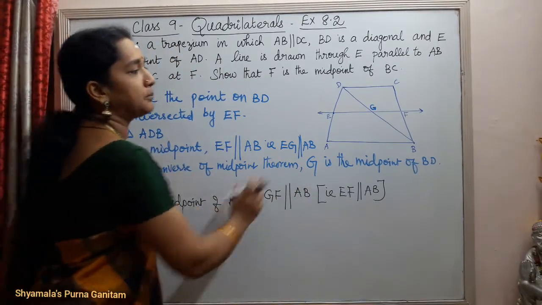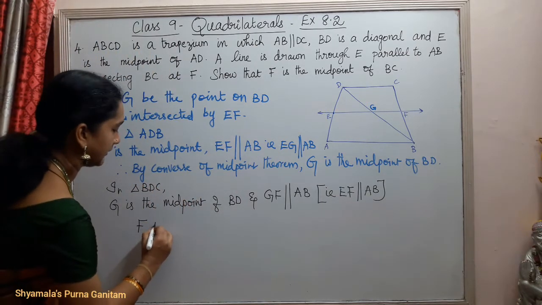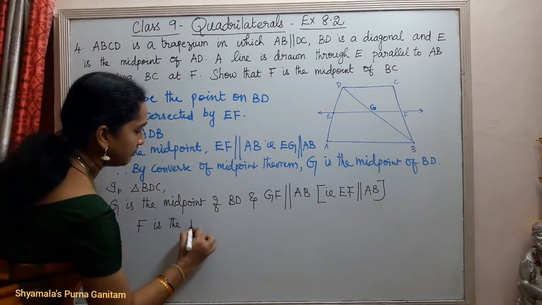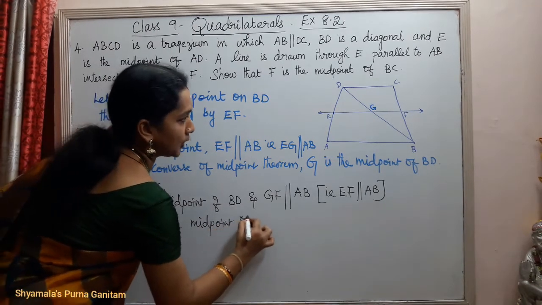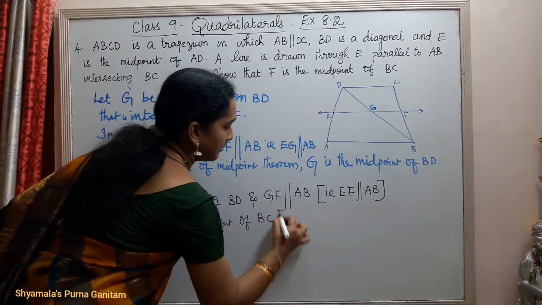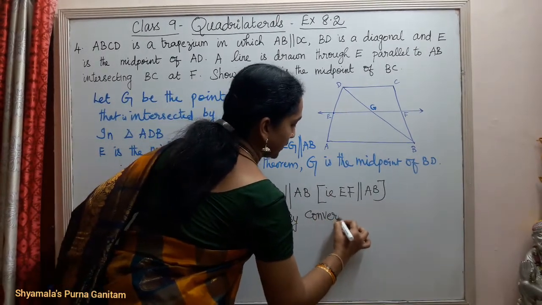We can say that F is the midpoint of BC by the converse of the midpoint theorem.